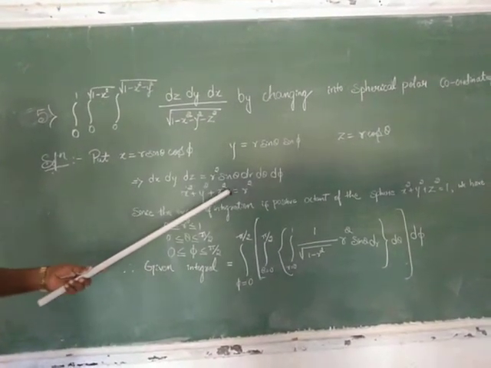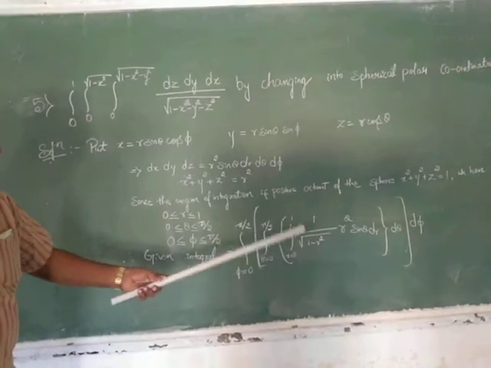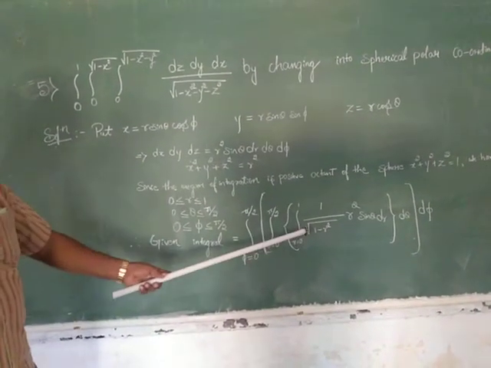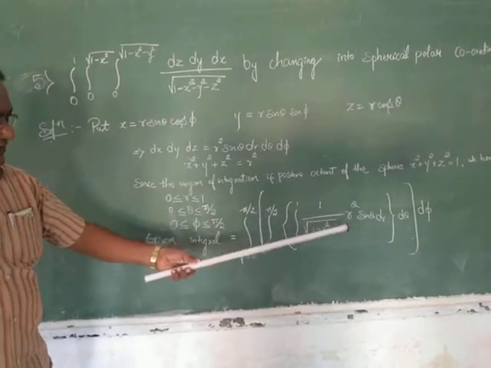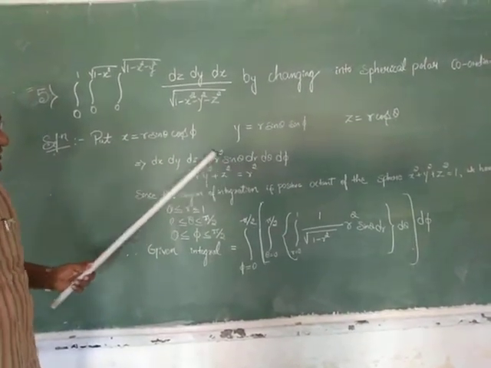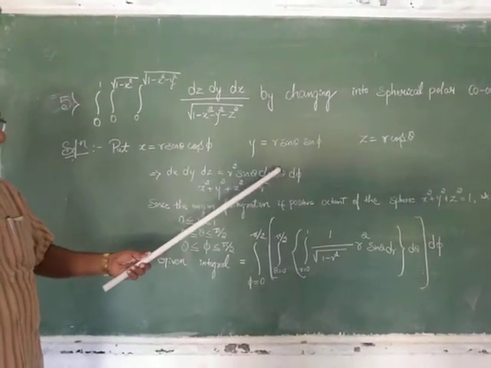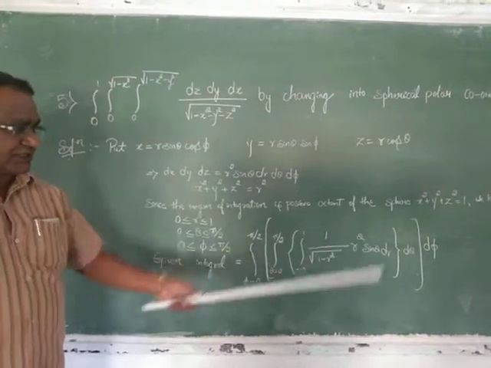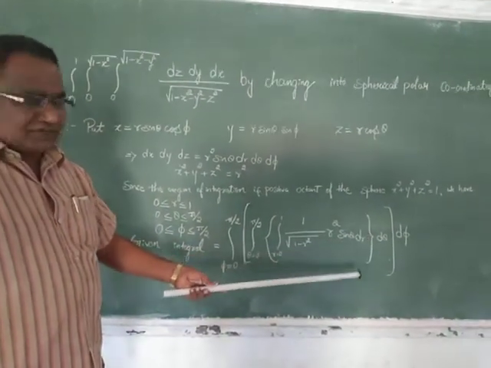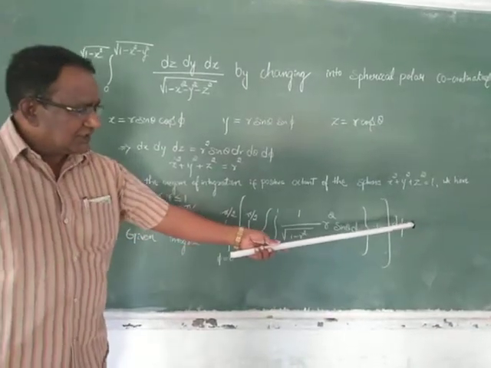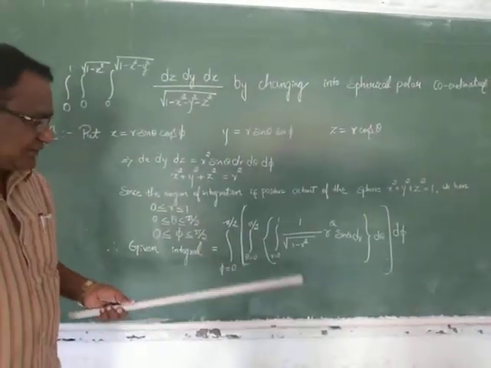But x squared plus y squared plus z squared is equal to r squared here, so instead of it I put r squared: square root of 1 minus r squared, and dx dy dz may be replaced by r squared sin theta dr d theta d phi. Let us integrate with respect to r first, then theta, then phi.